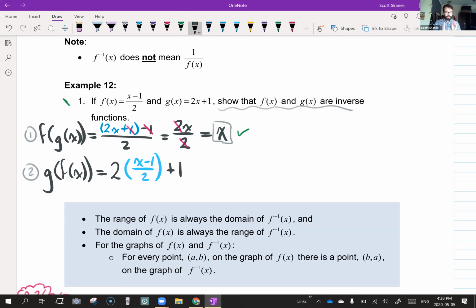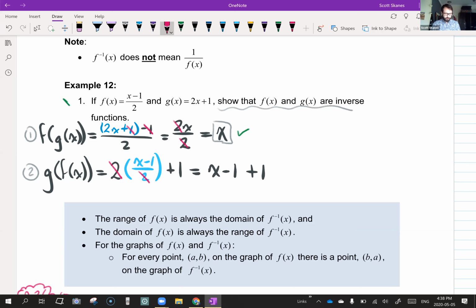If you do, you need to pay super close attention and see how I do this. So first of all, I see a 2 on the outside, also known as on the top, and there's a 2 on the bottom. So we can cancel those. It's 2 on top and a 2 on bottom, they cancel. What this leaves us with, I'm just going to rewrite it. We still have the x minus 1, and then we have the plus 1 left.